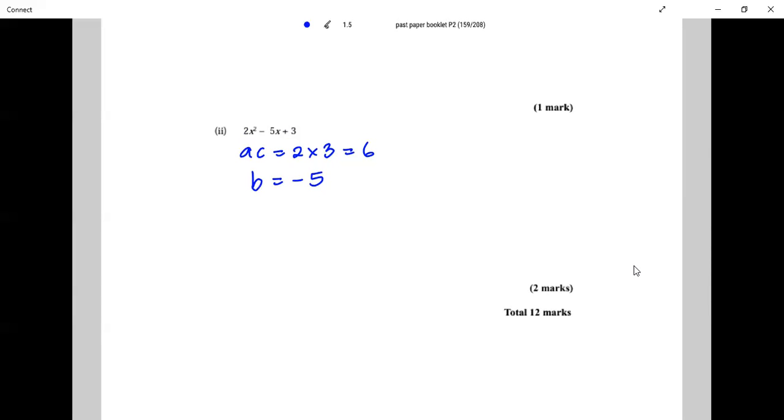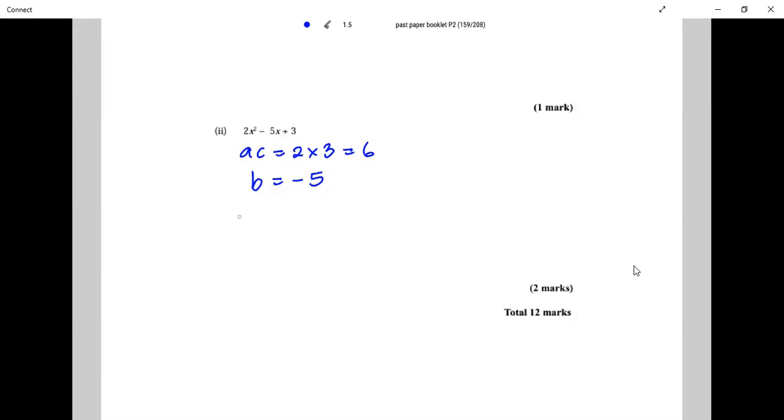But to split the middle term, I need to find 2 numbers. When I multiply those 2 numbers together, I get +6. When I add the same 2 numbers, I get -5. The only way that is possible is if the 2 numbers are negative. So the 2 numbers are -2 and -3.